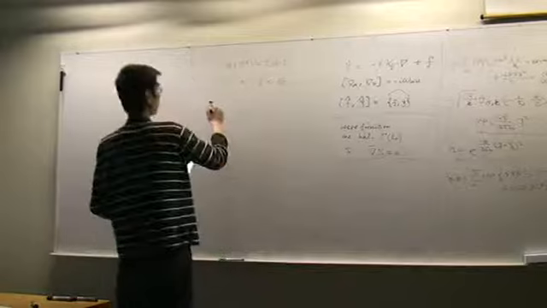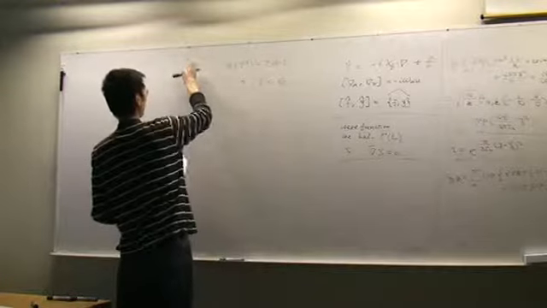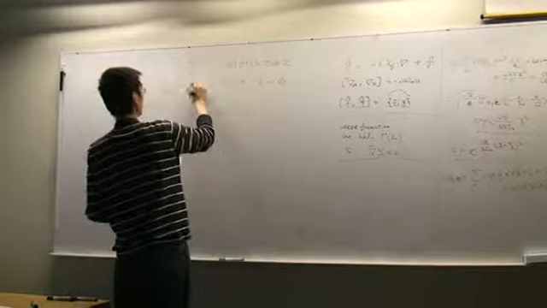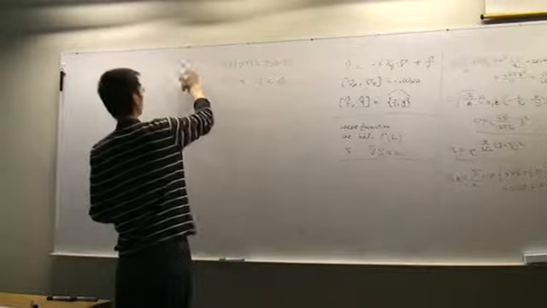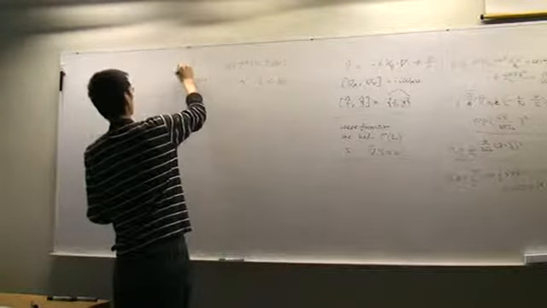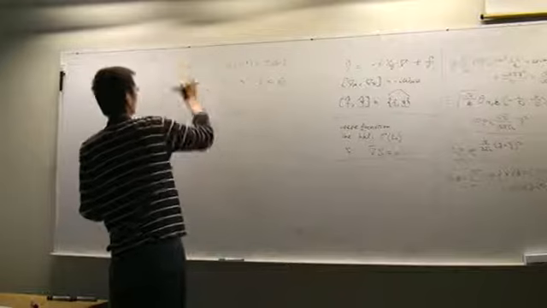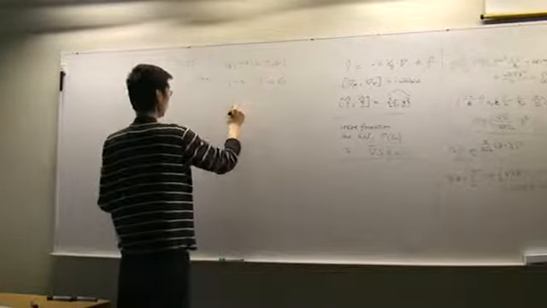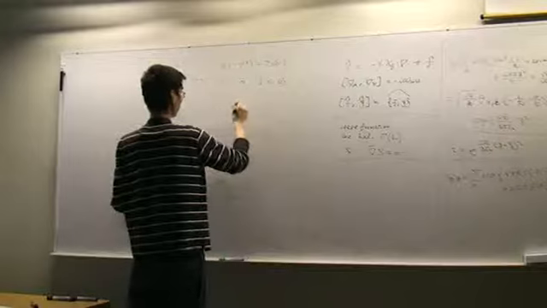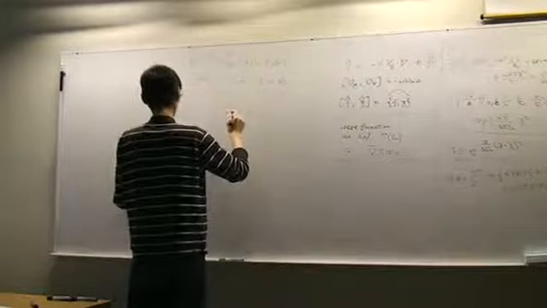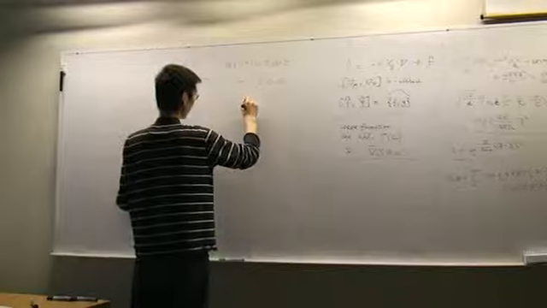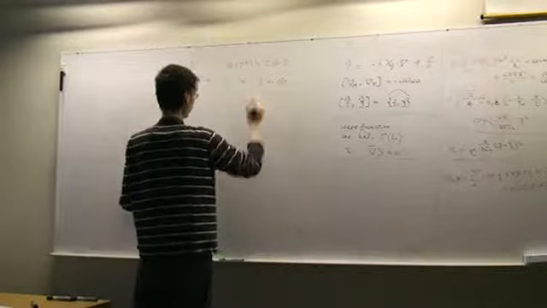Let me denote the two holonomies around this cycle and this cycle to be e to the 2 pi i u and e to the 2 pi i v, where u and v live in the dual of the Cartan subalgebra.